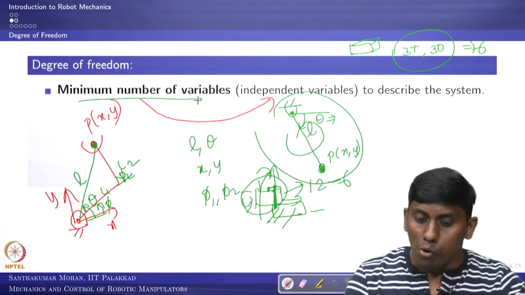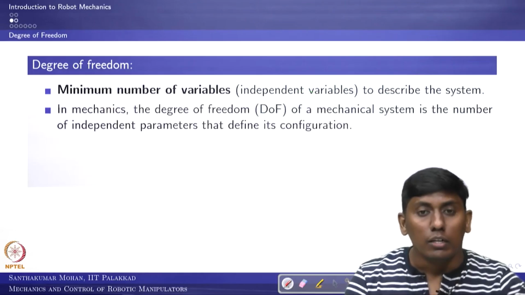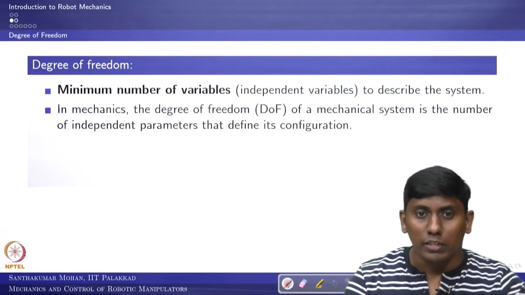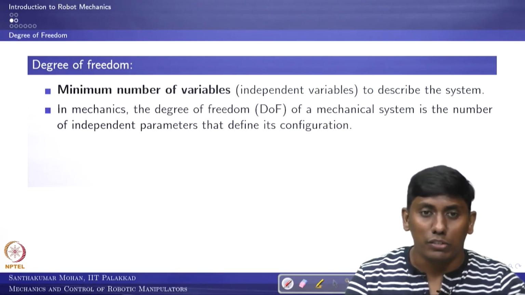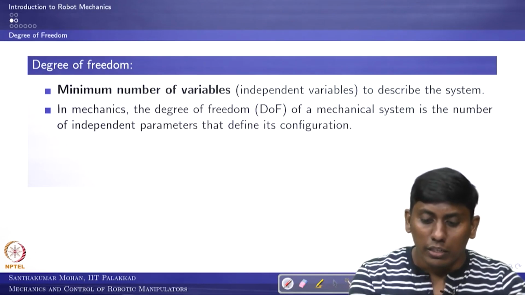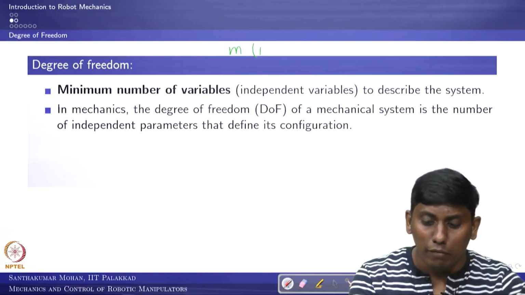So now I hope you would have already studied your Grübler's criterion and the Chebyshev equations and all. I am not actually talking about that, but you can recall the degree of mobility or degree of freedom in general can be written based on the number of bodies. It is in 3-dimensional space.